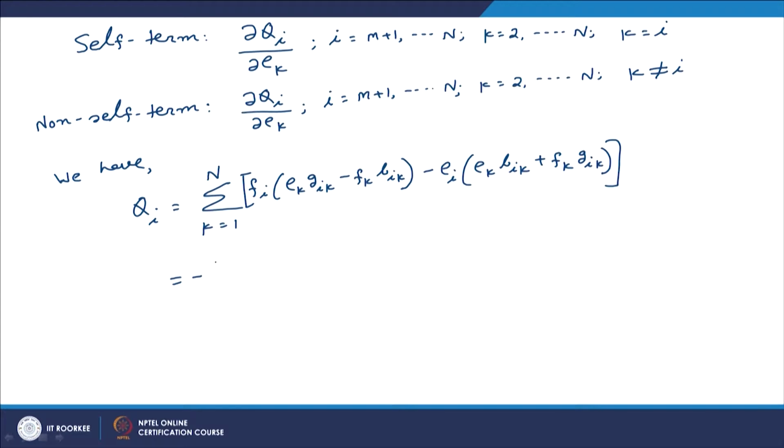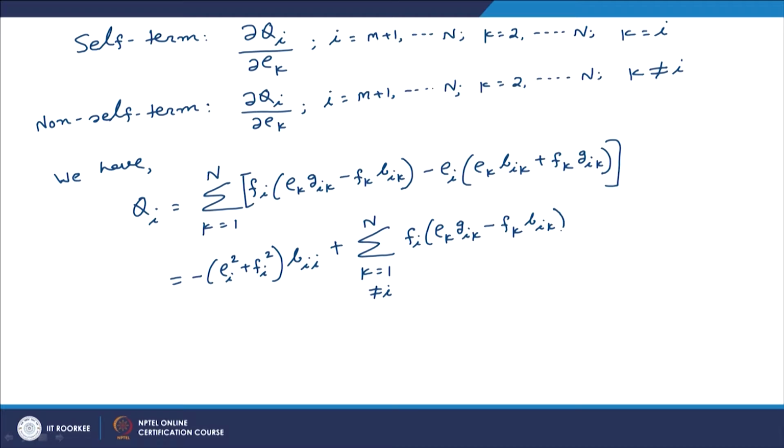So, if I take them together, I will get minus Ei square plus Fi square into Bii plus the sum over k is equal to 1 to n, not equal to I, of Fi into Ek Gik minus Fk Bik, minus Ei, that entire expression Ek Bik plus Fk Gik. So, this is the expression.